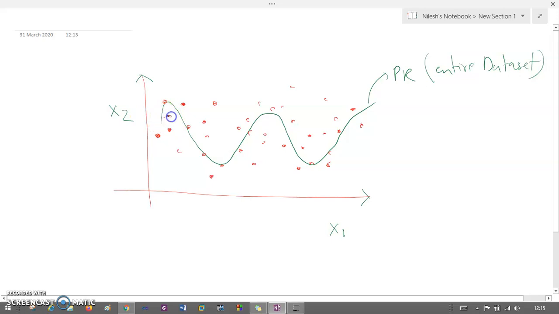I'll remove this one, and this one as well. Okay, now the regression spline is going to look like this. So this is the polynomial regression for the first bin, and then it is like this, and then it looks like this, and then it is going to be like this.